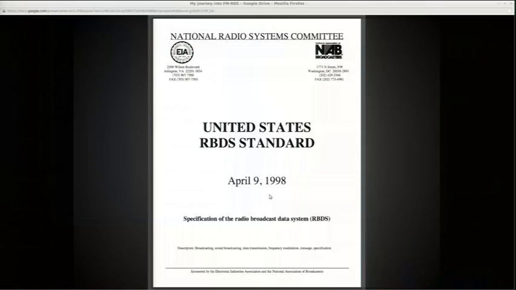So I downloaded the 200-page RDS standard, or RBDS as it's called in the United States, and started to do some analysis. I actually spent nights reading this, and many times I fell asleep reading it. If you suffer from insomnia, I suggest you read something like this.